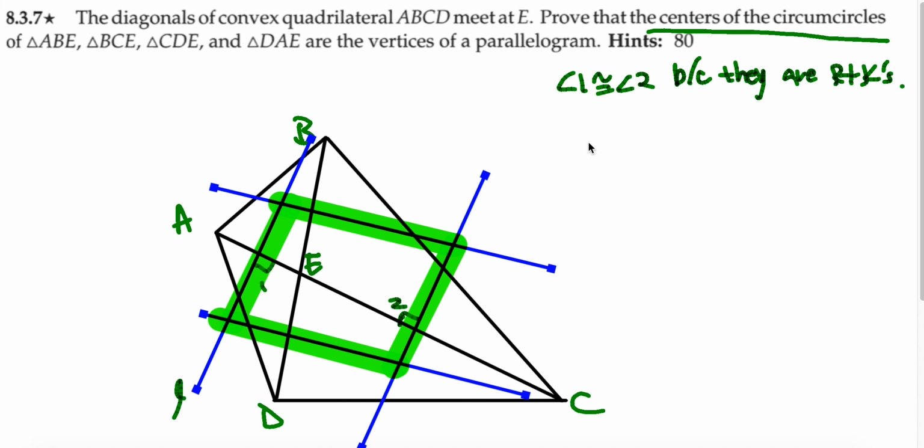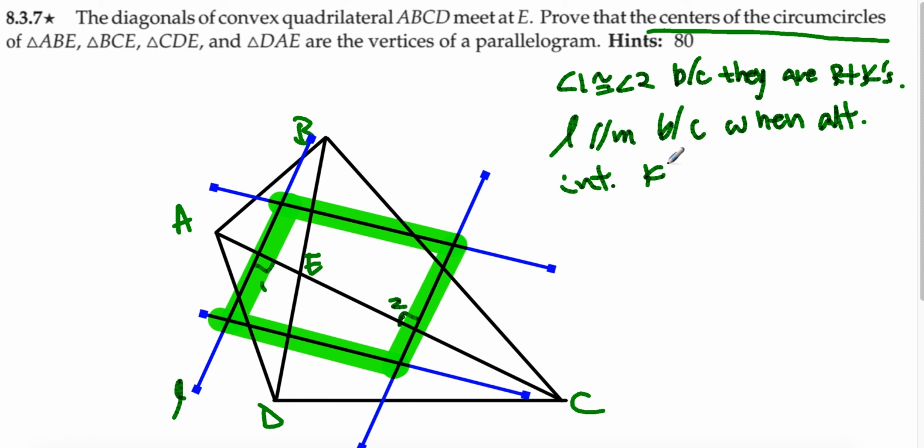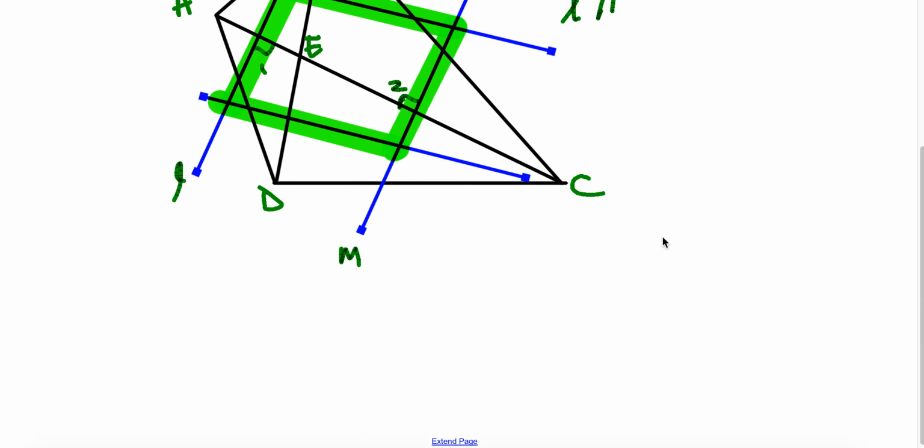Line L is parallel to line M because when alternate interior angles are congruent, L must be parallel to M.